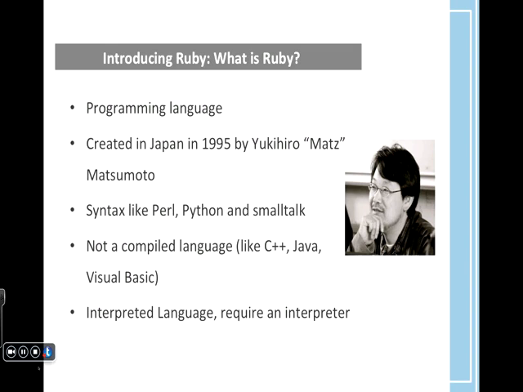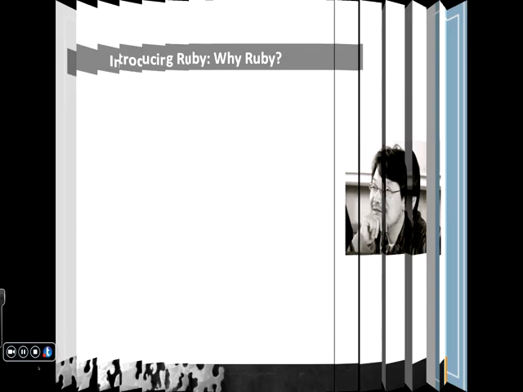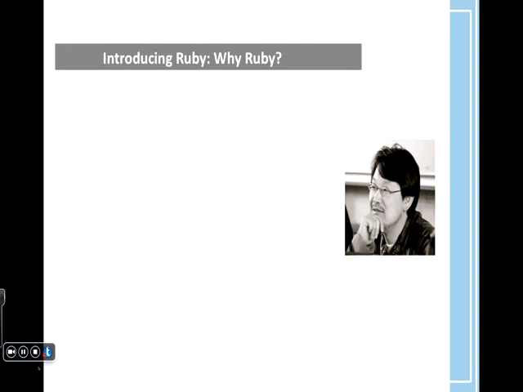Okay, so what are some other things we have to talk about in Ruby? Mainly, why Ruby? First of all, if you have heard of object-oriented, Ruby is fully object-oriented. If you're not familiar with object-oriented, we will talk about it a lot more, and I will show you the good things that you can do with it.